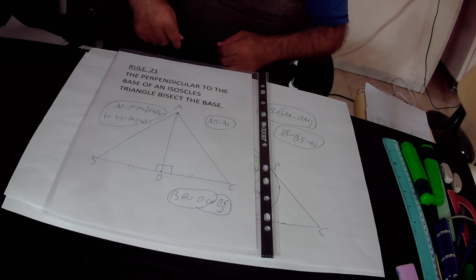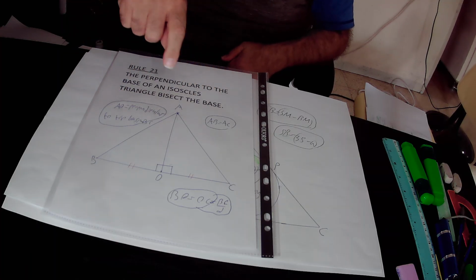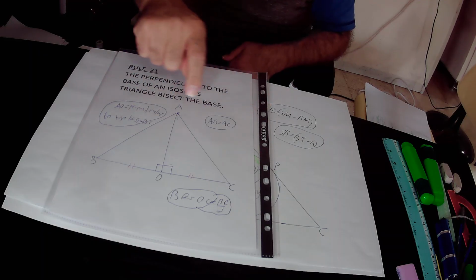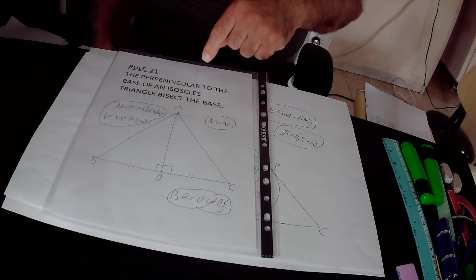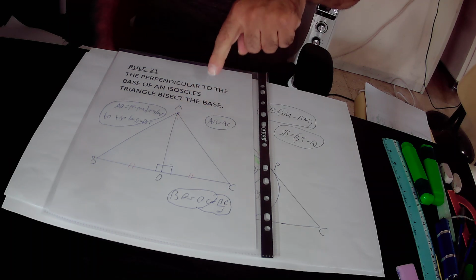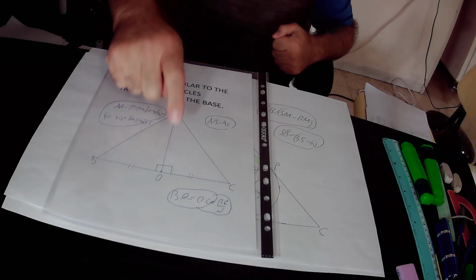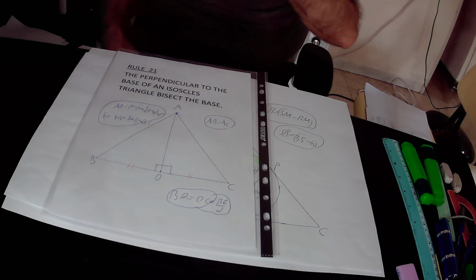In the moment, we have triangle ABC. Side AB equals side AC, therefore triangle ABC is an isosceles triangle. BC is of course the base of this isosceles triangle. From point A, we draw the perpendicular AO to the base BC. So this angle equals 90 degrees, and this angle also equals 90 degrees according to our construction.